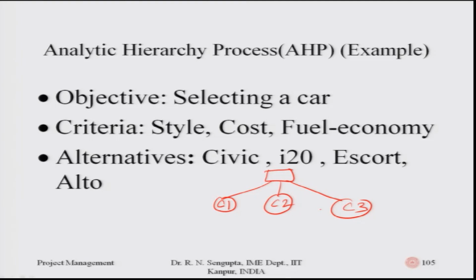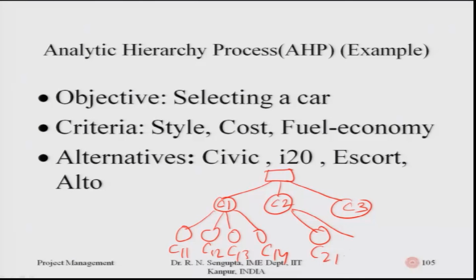When I mentioned fuel economy, cost, depreciation value or resale value, it means C1 may have different subcategories as C11, C12, C13, C14. Similarly, C2 can have subcategories C21, C22, and C3 has only three: C31, C32 and C33. So, it can go into secondary, tertiary levels and so on.